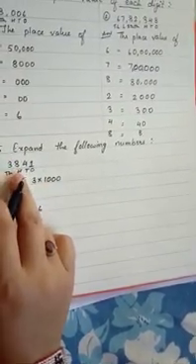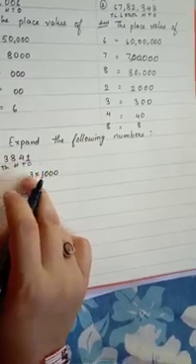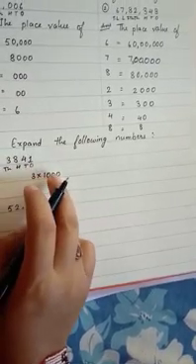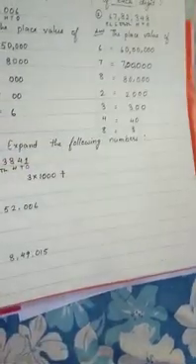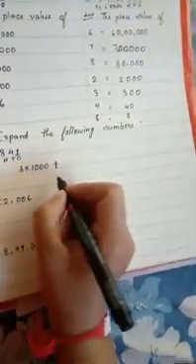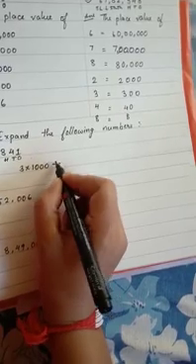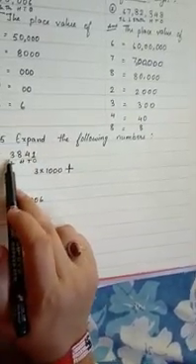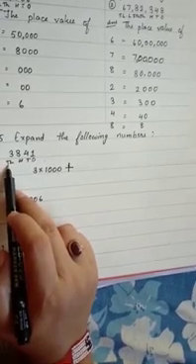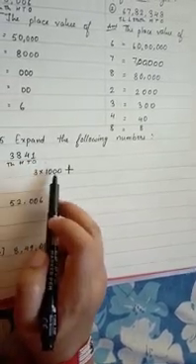Then 8 is at hundreds place. So after writing this number, you have to put a plus sign. Don't forget to write plus here.